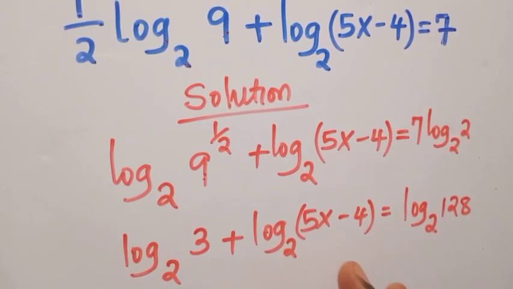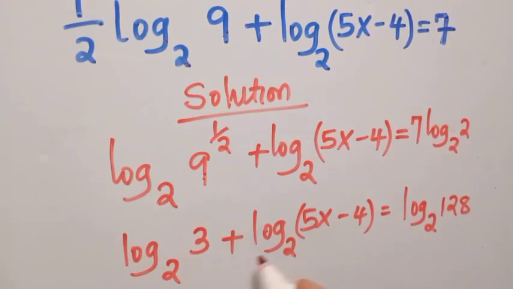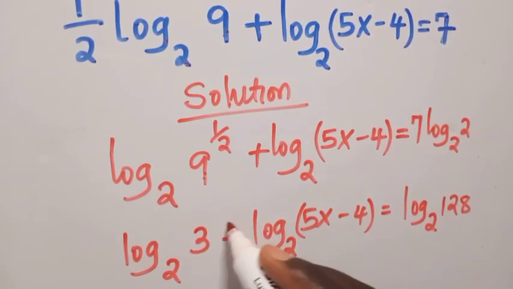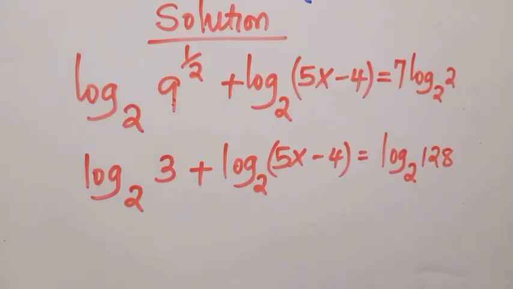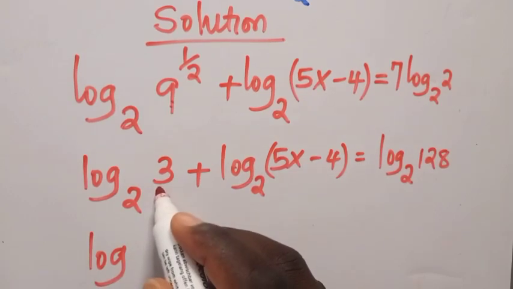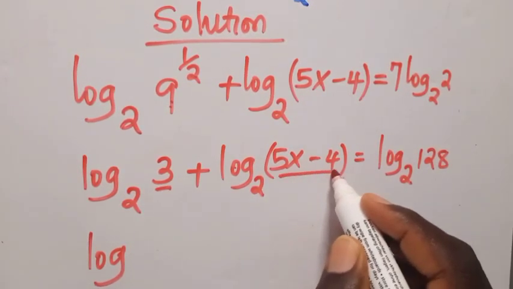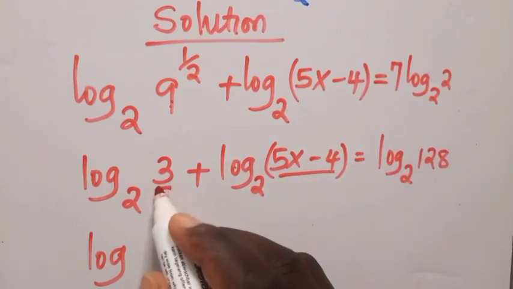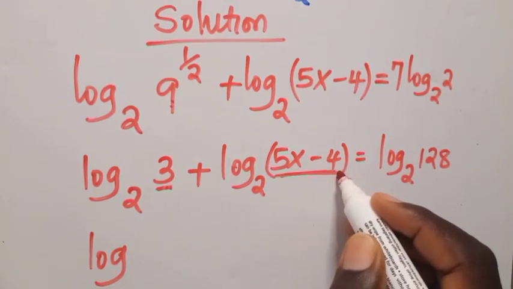Now, from the laws of logarithms, we can combine this to be a logarithm of a single number because they are of the same base and there is an addition sign in between. And therefore, in this case, we shall have the logarithm of 3 times (5x minus 4). That is, we multiply this 3 with what we have here.